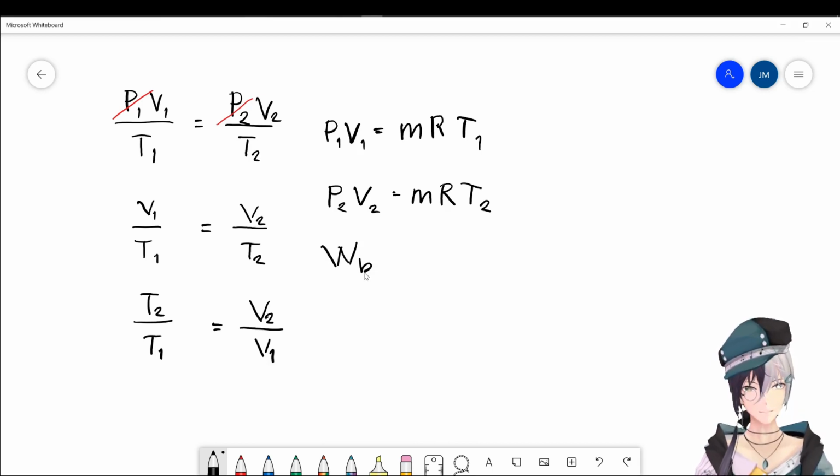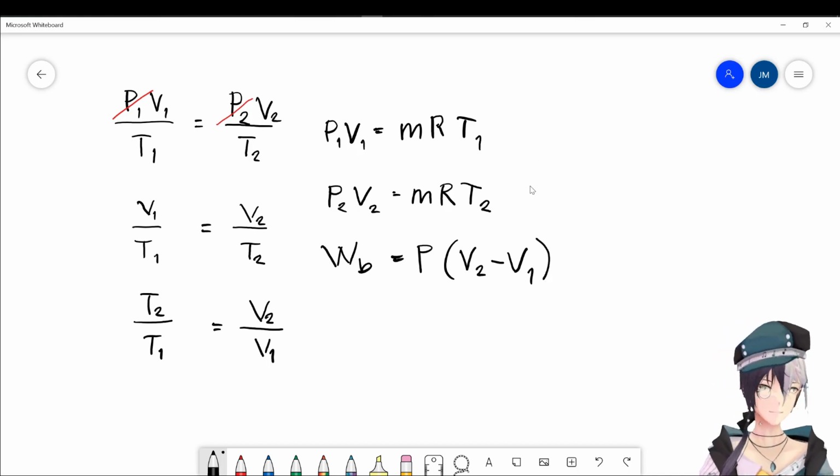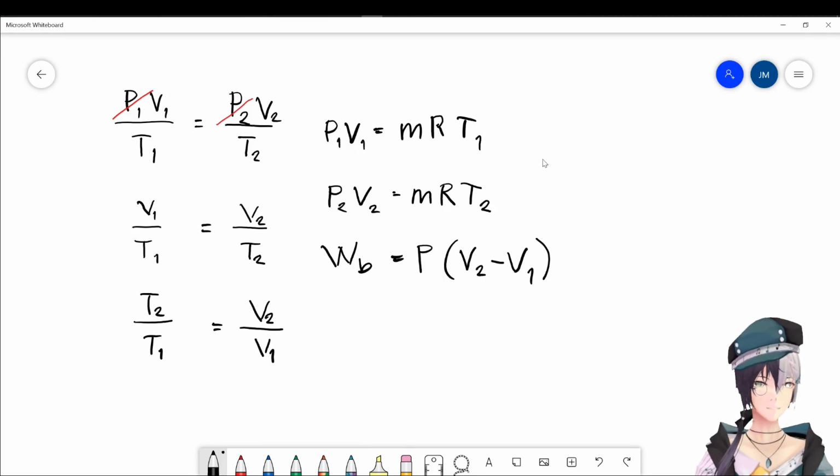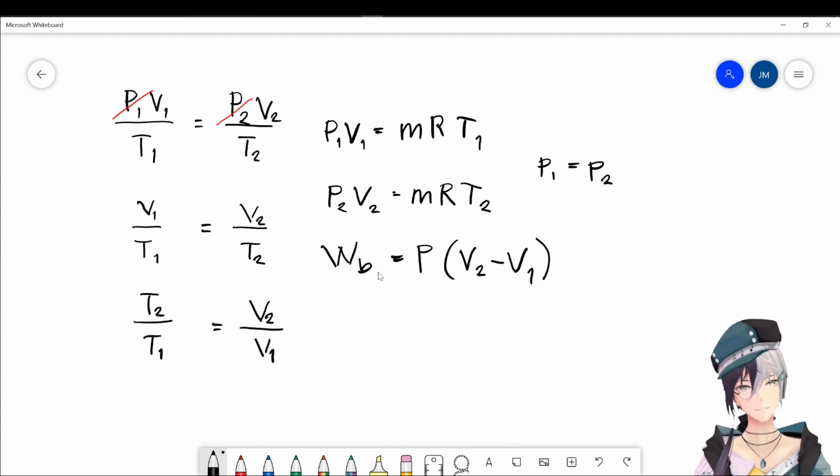Boundary work is P times volume 2 minus volume 1. The process is isobaric, so pressure 1 is equivalent to pressure 2.